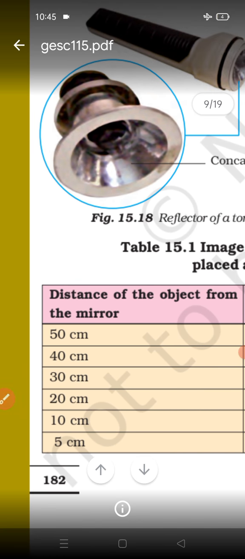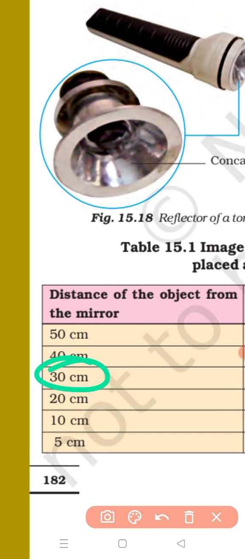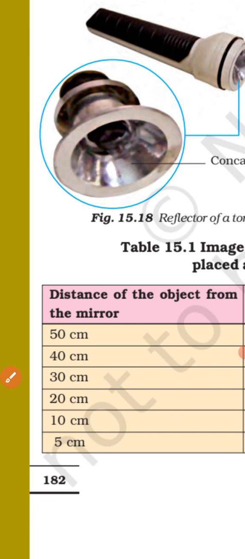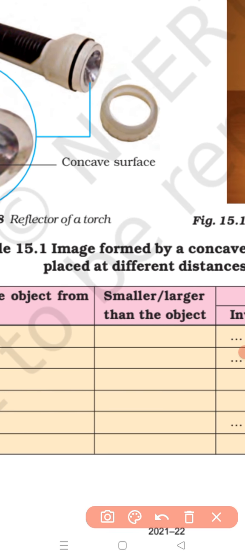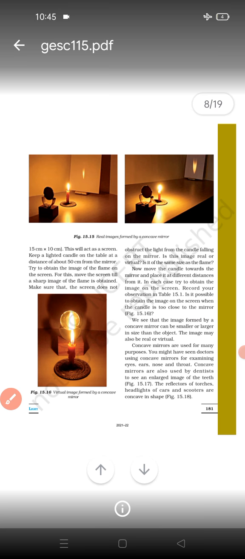Next, when the object was brought near to a distance of about 30 centimeter again, what can you say about the size of the image? Larger than the object or smaller than the object? Again it is larger. The picture is not given, I think, in the book, but you have to write here larger only.